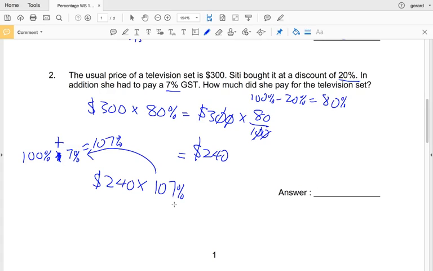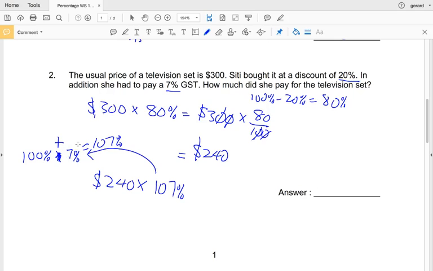Now please take note for this 240 times 7%. This 100% over here is for the discounted price. So after you found the discounted price, which was 80%, we are only working with the discounted price now, so we don't care about the old price, which was $300.